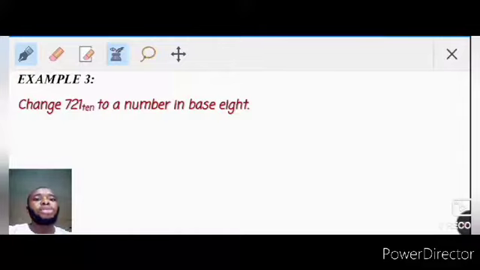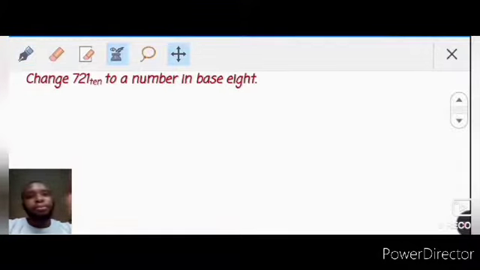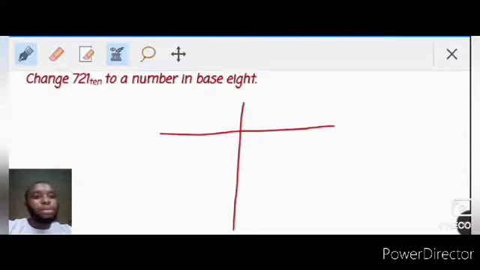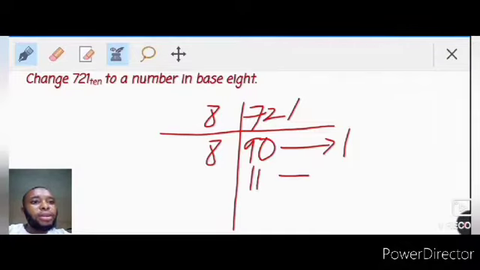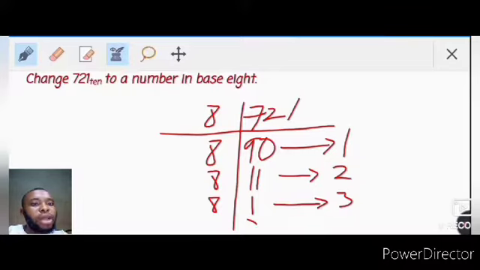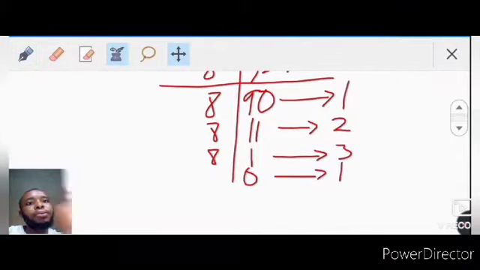Let's see what we can do. 721 divided by 8, we have 90, remainder 1. 90 divided by 8, we have 11, remainder 2. 11 divided by 8, we have 1, remainder 3. 1 divided by 8, we have 0, remainder 1. Take your answer from here to the top.